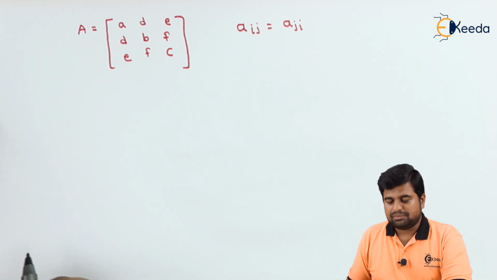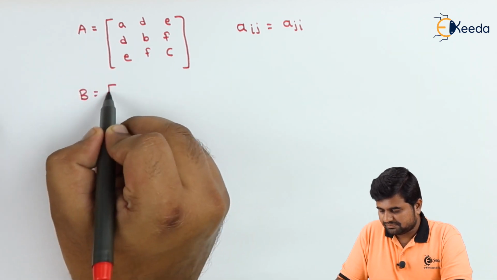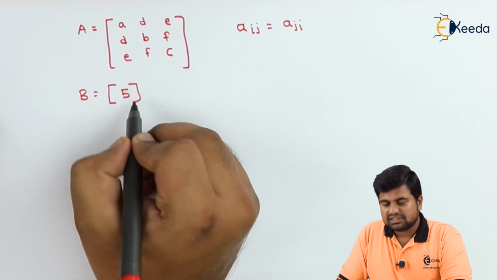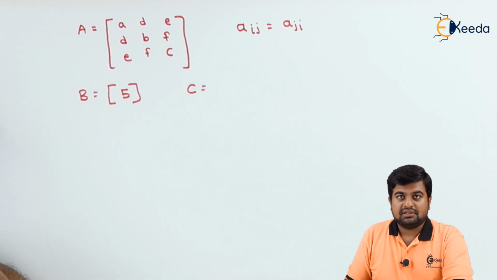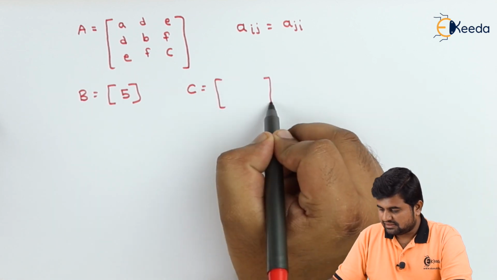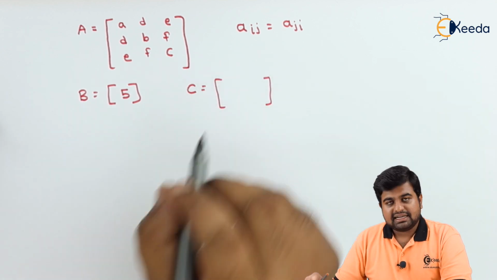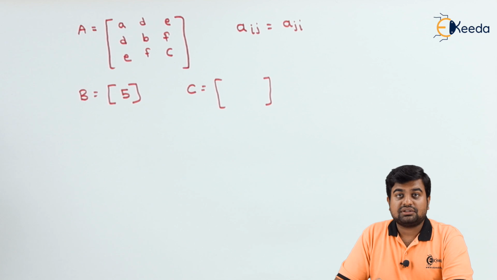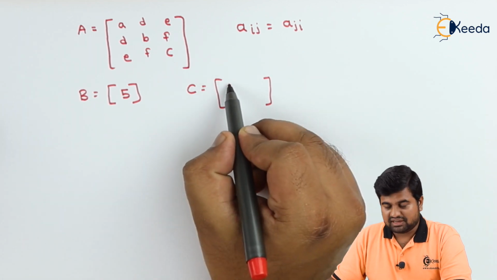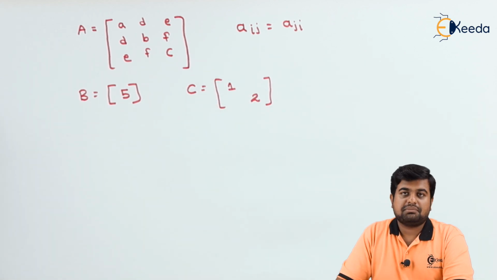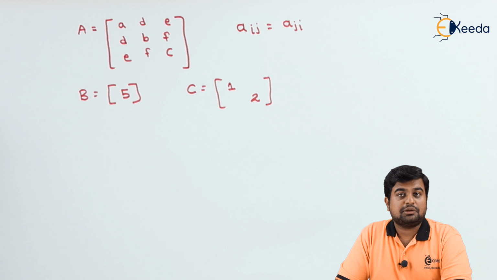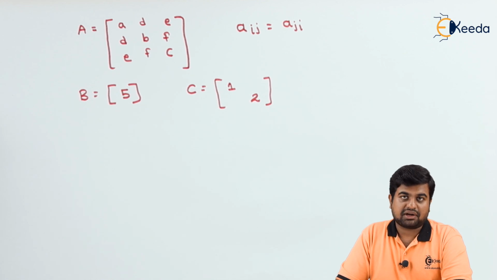If we take a 1 by 1 matrix, any element is a symmetric matrix. Consider the second example, a 2 by 2 matrix. In any symmetric matrix, diagonal elements can be anything, such as 1 and 2, but always remember diagonal elements are nothing but the mirror of the symmetric matrix.